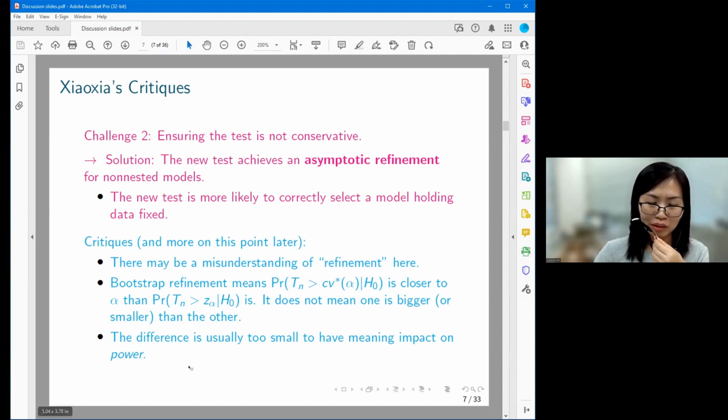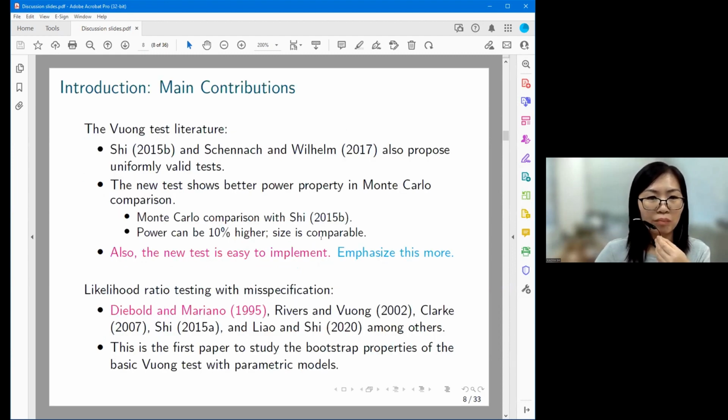Power is what happens under the alternative, where the rejection rate is a lot higher than 5%. So it is true that the Monte Carlo simulation in this paper shows that the new test has better power, but using asymptotic refinement as a theoretical explanation for that might be problematic. I will talk a little bit more about this later as well.